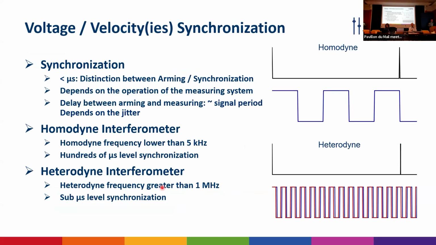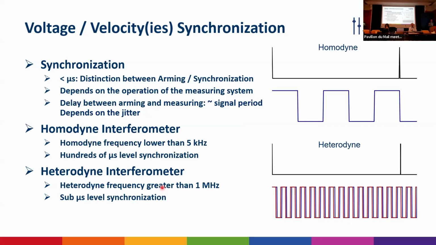When we are talking about synchronization at the microsecond level, we have to consider different things. First, for an instrument, measuring something means that the instrument has to be informed that it will have to measure. Second, the instrument must be ready to measure, and third, the instrument must have a signal or an event to measure.